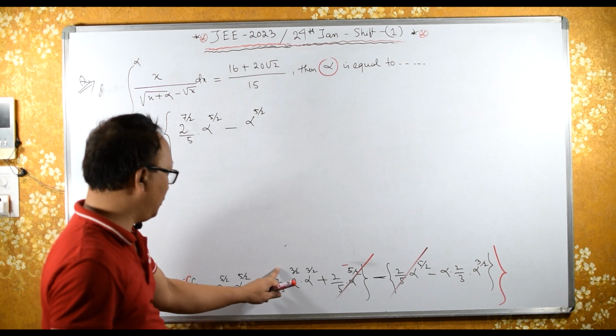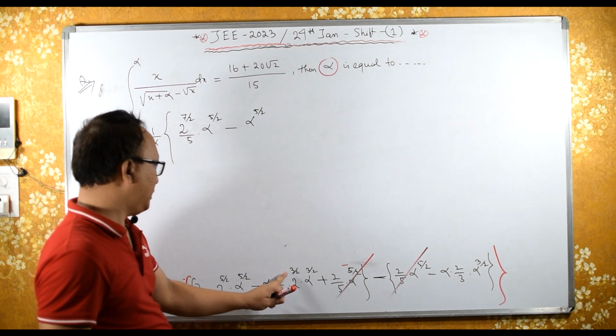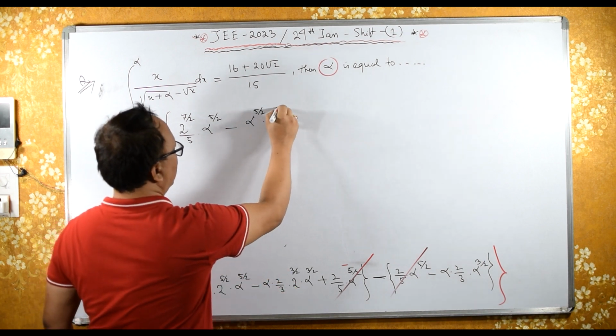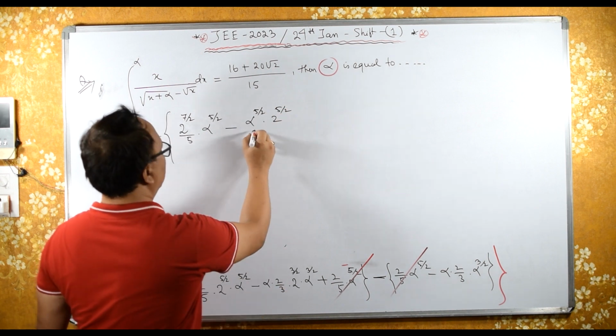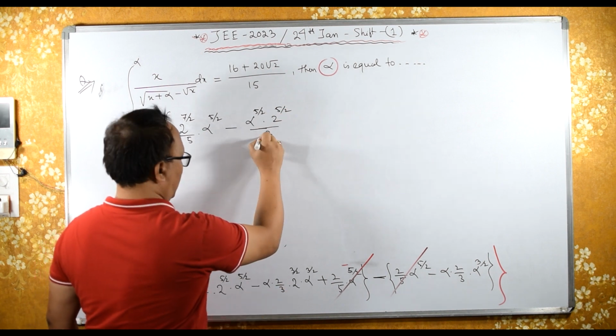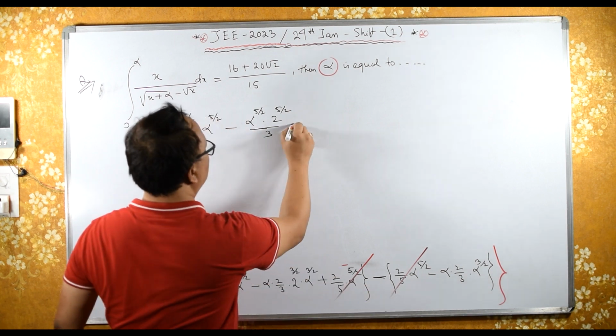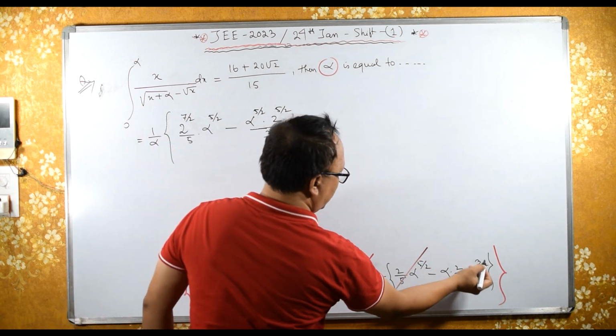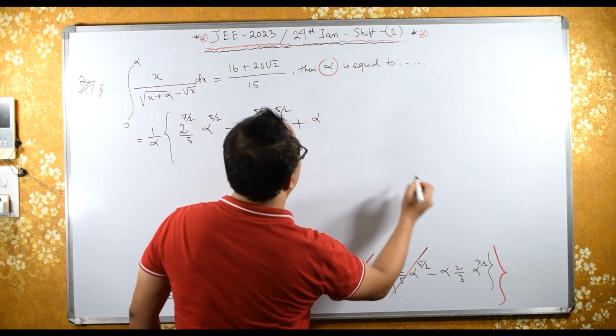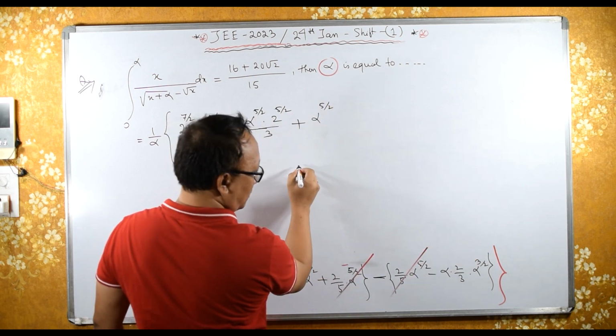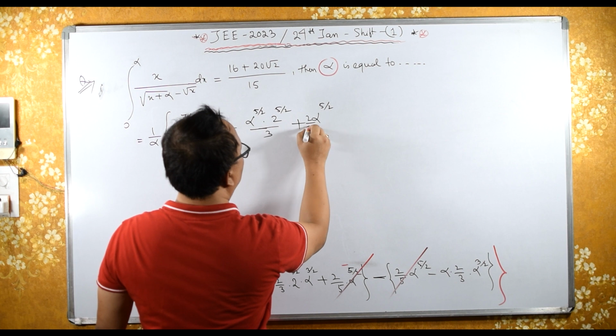And then 2 raised to 1 plus 3 by 2 is 5 by 2, so 2 raised to 5 by 2 upon 3. And this term gets cancelled, minus plus. We have alpha raised to 1 plus 3 by 2, which is 5 by 2, and 2 by 3.